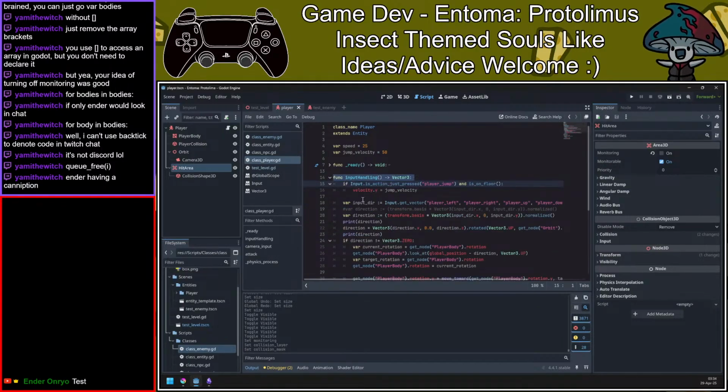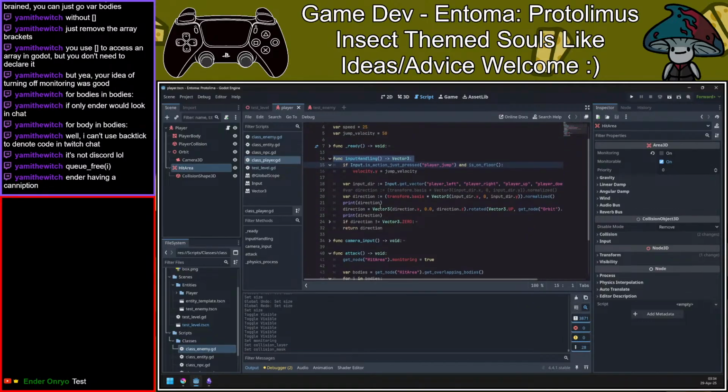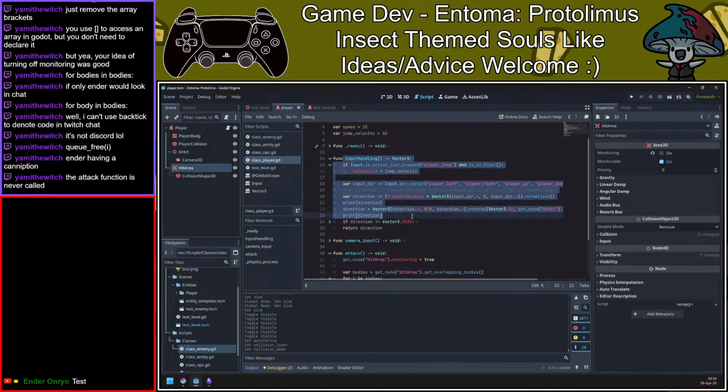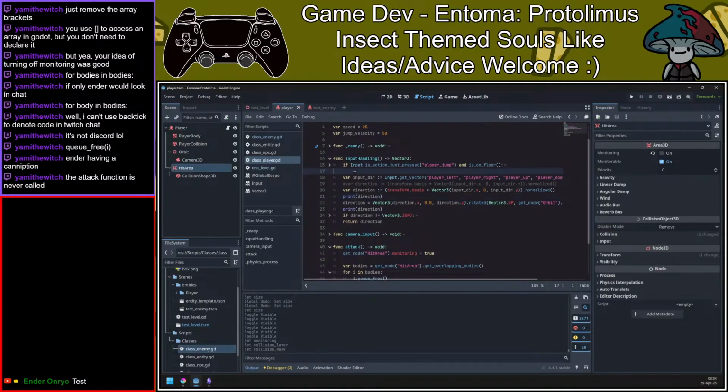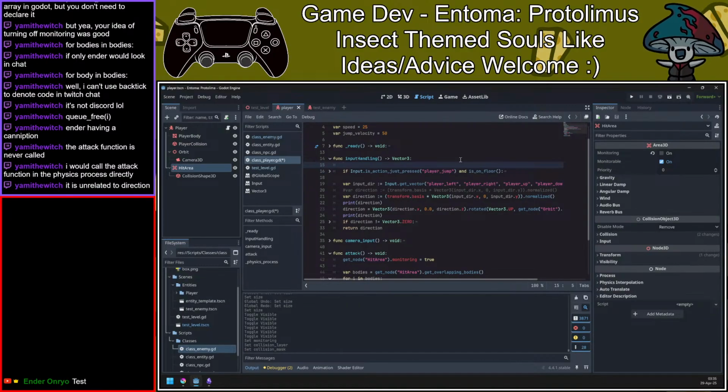Okay, so now this input handling is starting to get out of control. I know the attack function is never called. I'm doing that next. Call the attack function in the physics process directly.